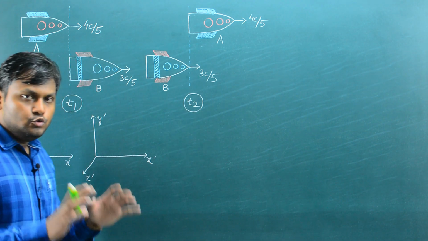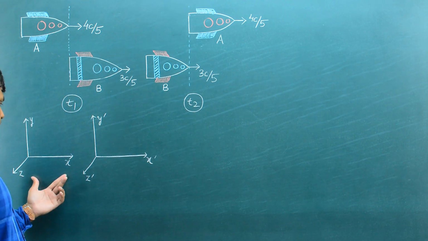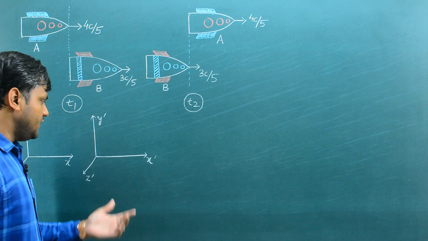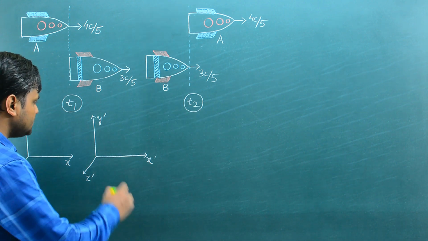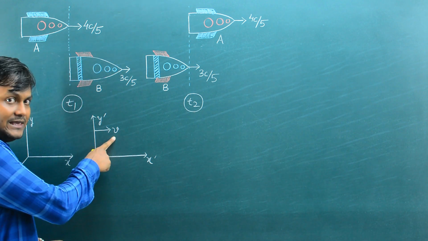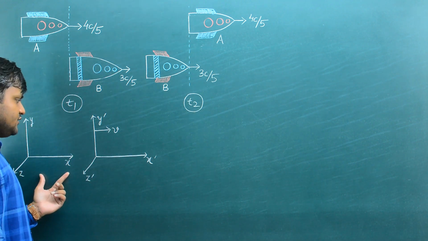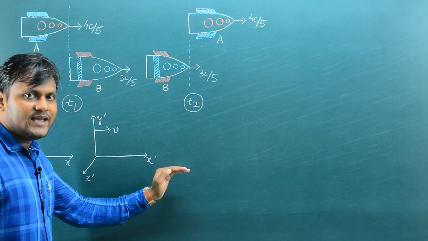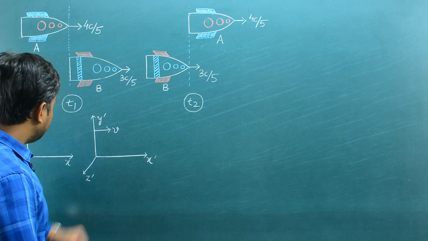If we have two frames of reference, let's suppose this is the S frame of reference and this is the S dash frame of reference, and the S dash frame is moving with a velocity v with respect to the S frame along the x axis.